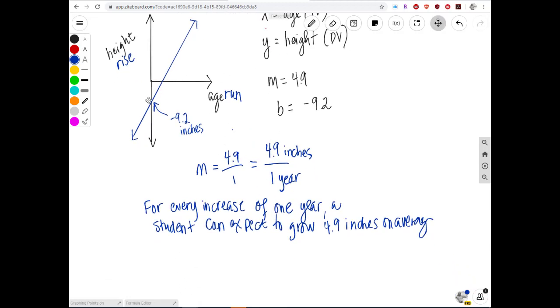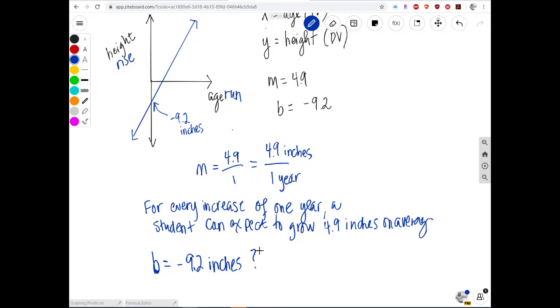But now let's look at the y-intercept. The y-intercept is saying negative 9.2 inches. Well, you can't be negative inches tall.